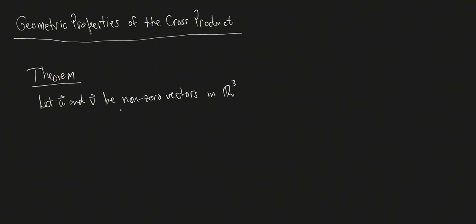So let's say we have two non-zero vectors in R3, and theta is the angle between them. And again, we've defined what that angle is. Now, this theorem has three consequences to it.